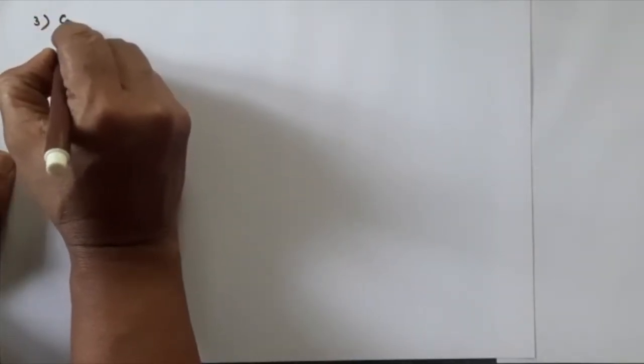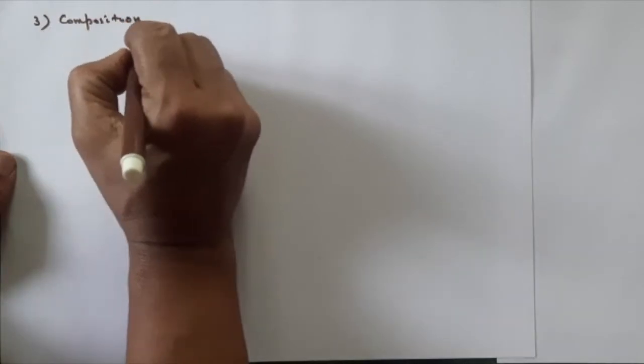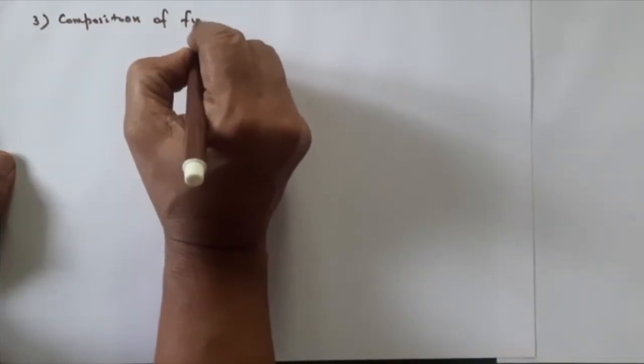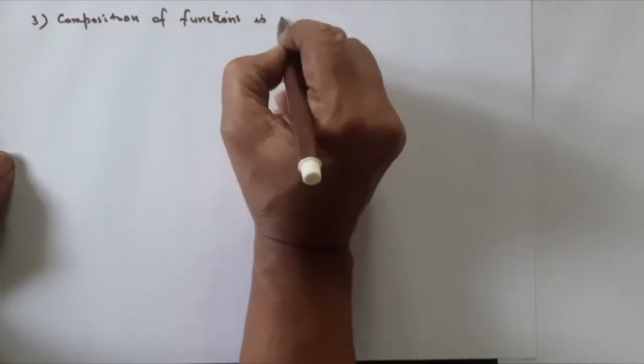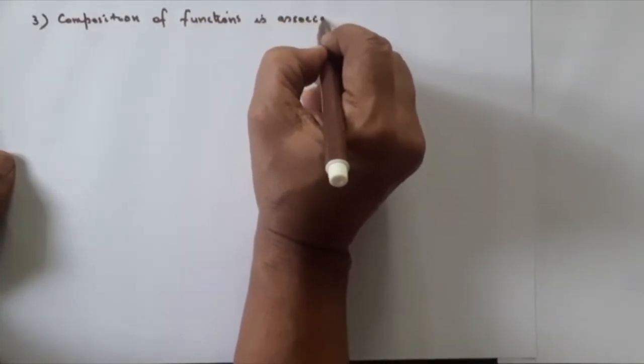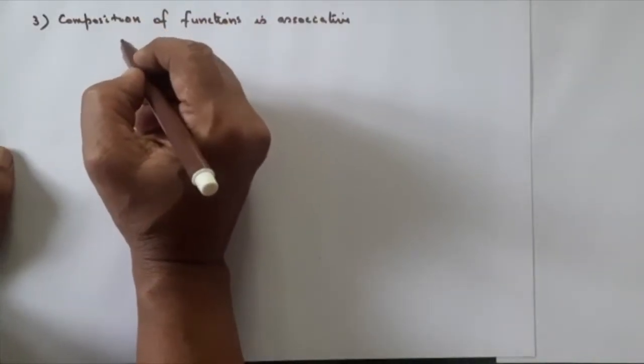Third property is: composition of functions is associative. Yes, what is the meaning of associativity of the composition?